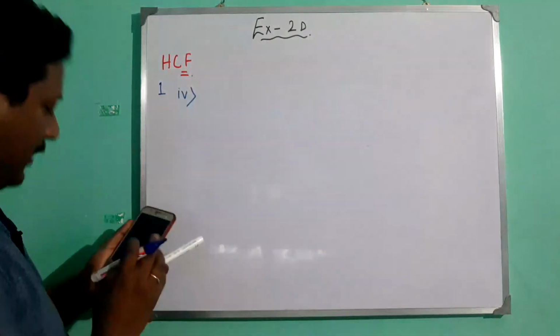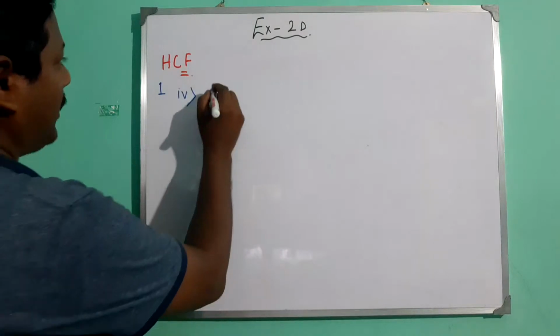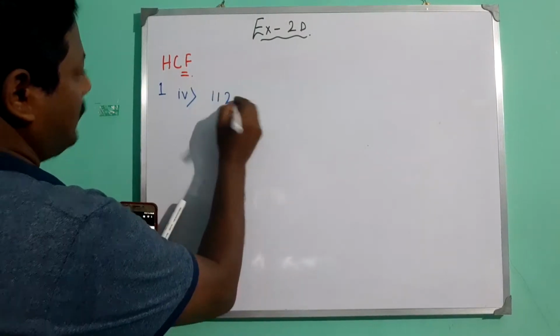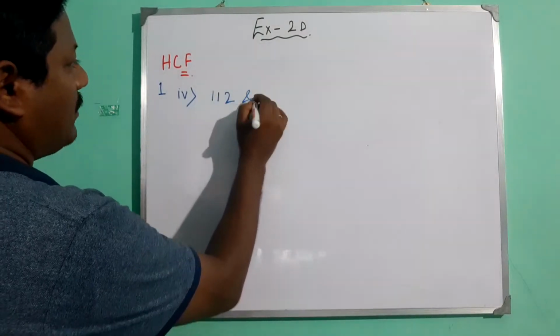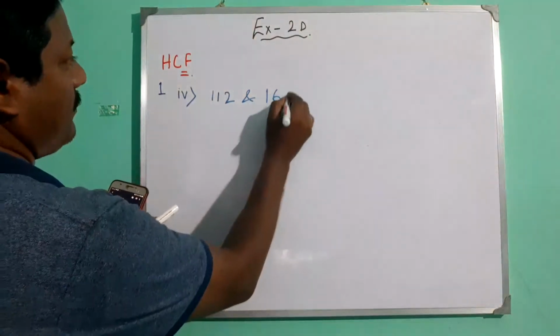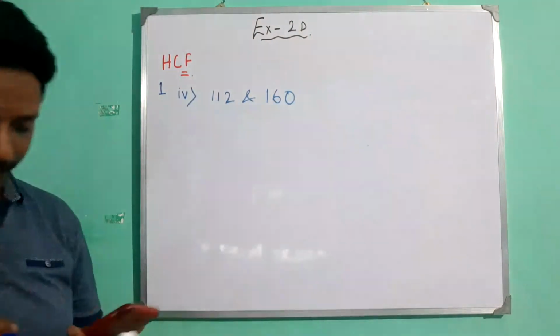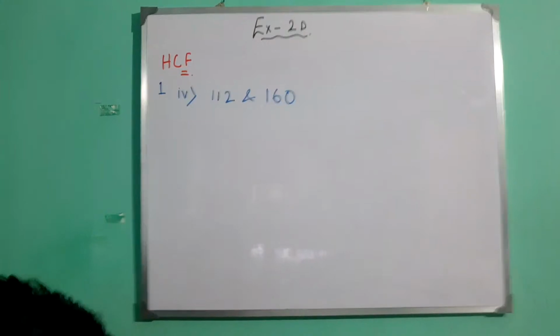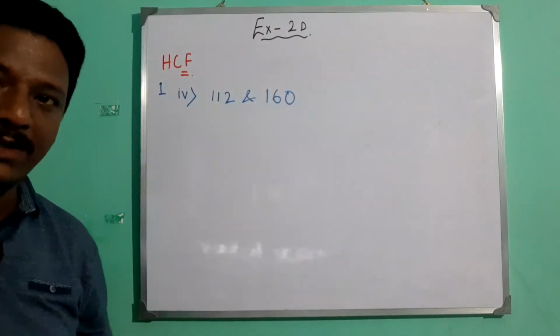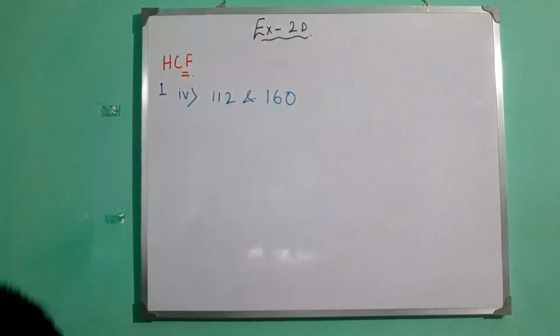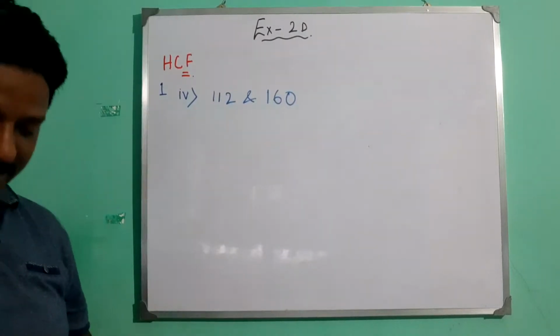With the help of factorization method, we need to find the HCF of these two numbers, that is 112 and 160.